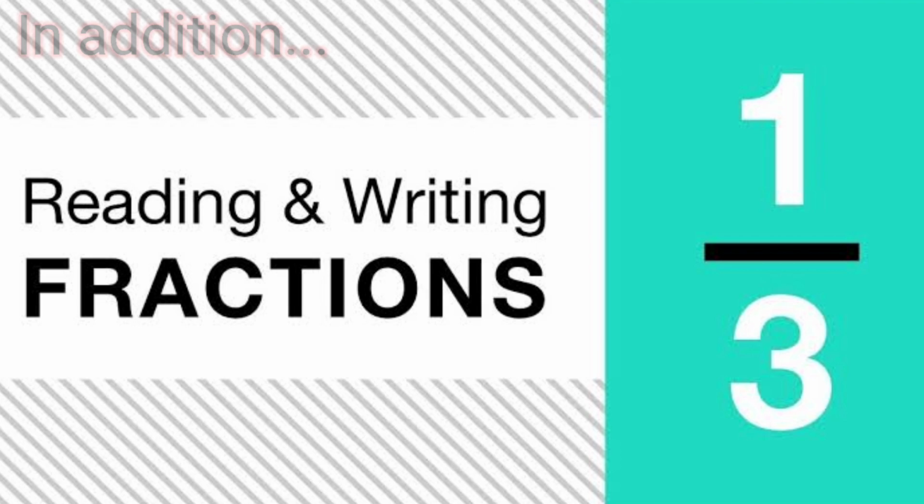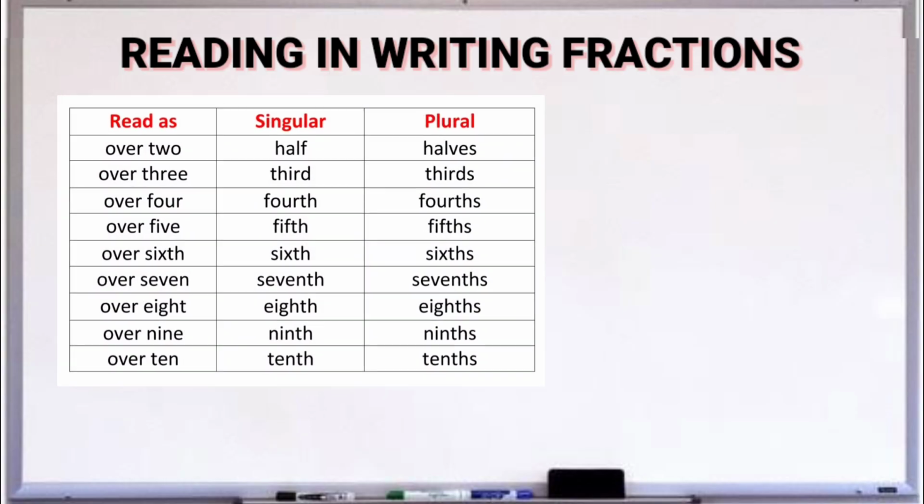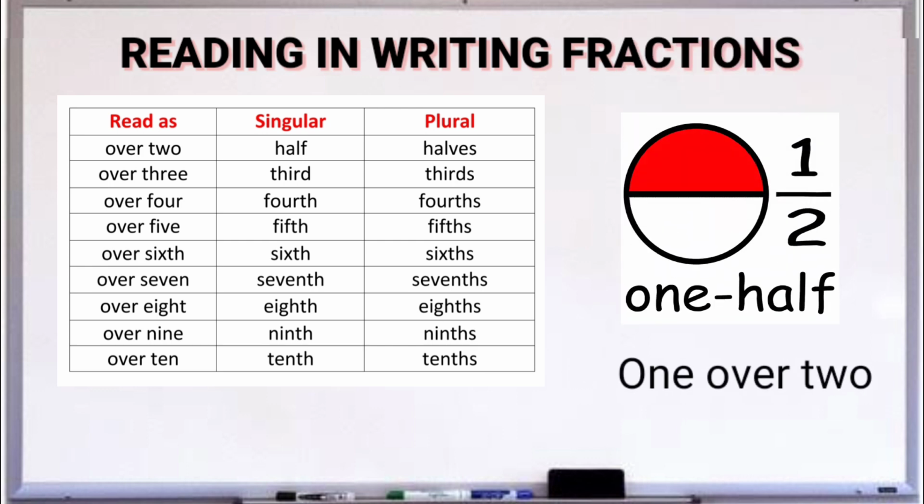In reading and writing fractions, aside from reading it as "over 2," you can also use the word half for singular and halves for plural. For example, if we have this fraction of the shaded part, aside from saying it as 1 over 2, we can also say it as 1 half.